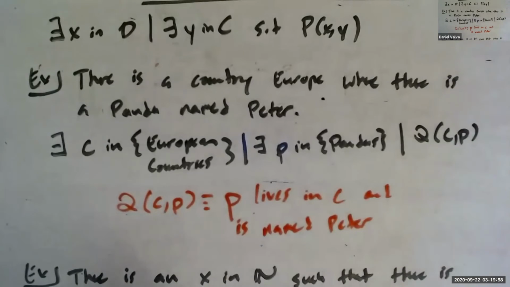So all this is saying is that what? There exists an X in natural numbers such that there exists a Y in the real numbers such that X to the Y equals 1.